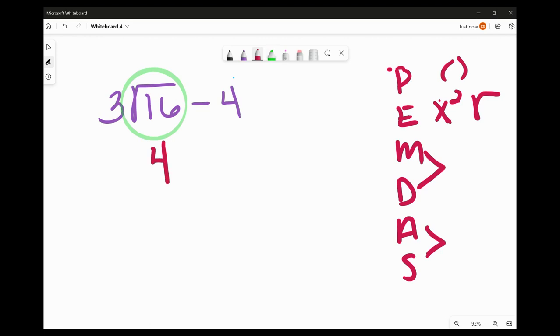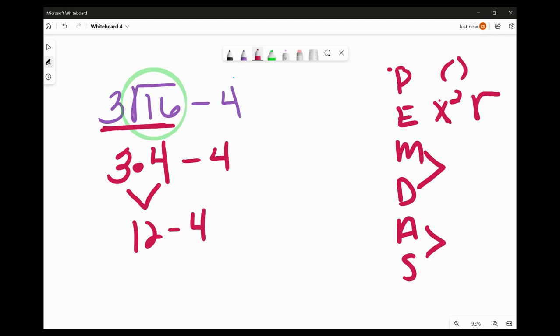And then the math that's being done, be paying attention, between this 3 and the square root sign is multiplication. That's why there's no operation sign there. So now it looks like this: 3 times 4 minus 4. And next I would do multiplication. I would do 12 minus 4, and the answer would be 8. Okay, so that's how we can work with square roots and squares and how they look and what it actually means.